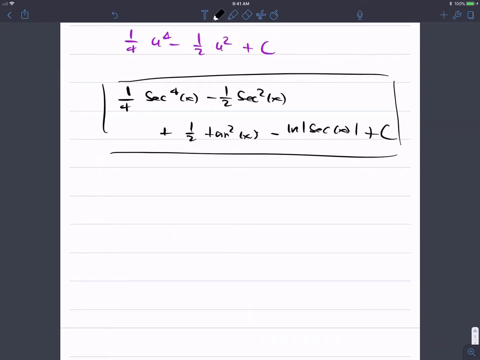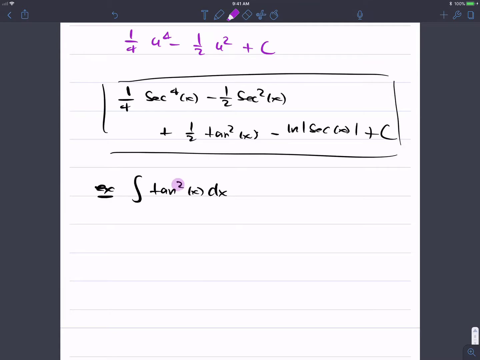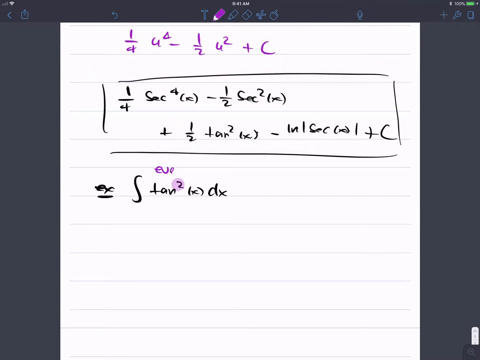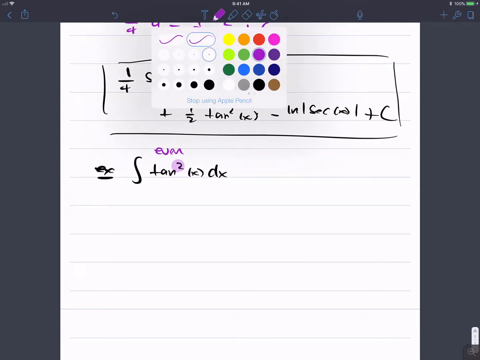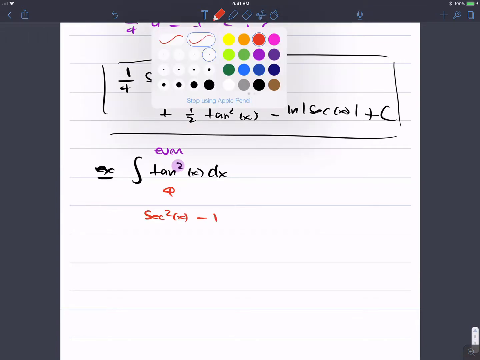Well, let's consider some other kinds of problems. What about even powers of tangent? If I have tangent squared dx, notice my 2 here is even. As you might have guessed, we're going to use our Pythagorean identity. I'm going to replace tangent squared with secant squared minus 1.